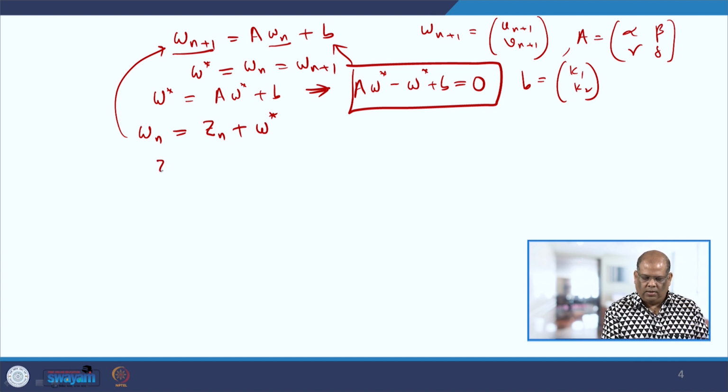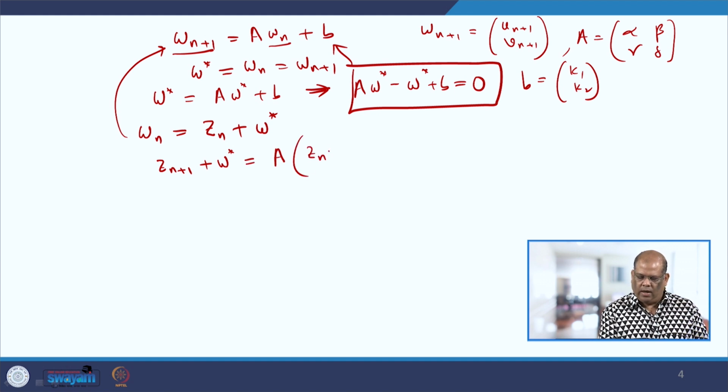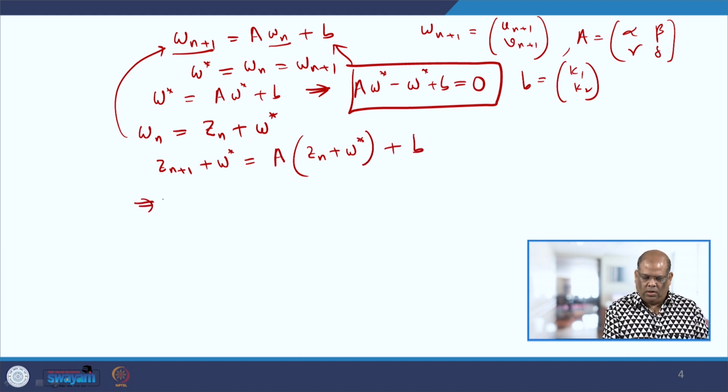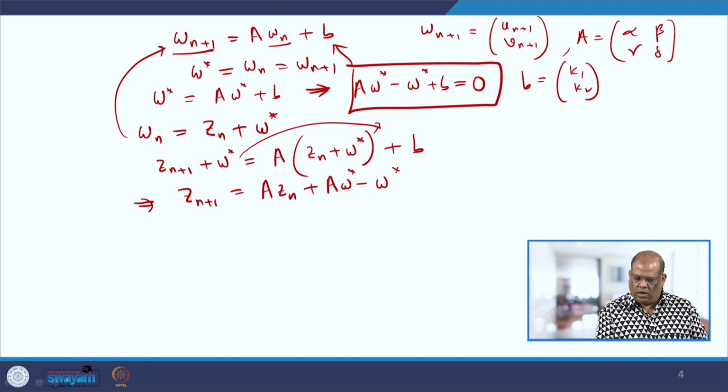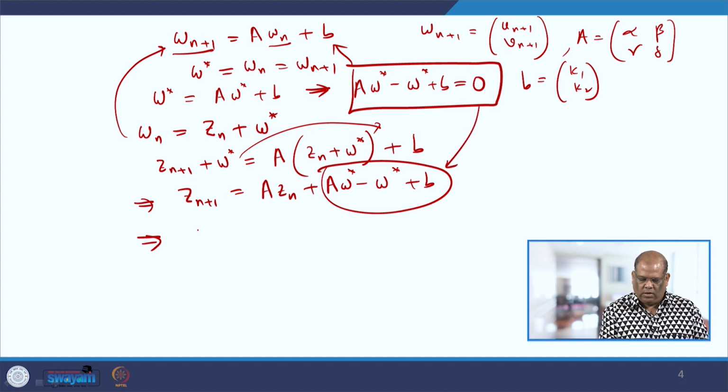So, this will be Zn plus 1 plus W star equal to A times Zn plus W star plus B. So, this implies Zn plus 1 equal to A Zn plus A W star minus W star plus B. And we have already seen that this particular thing gives you the null matrix. So, Zn plus 1 equal to A times Zn.